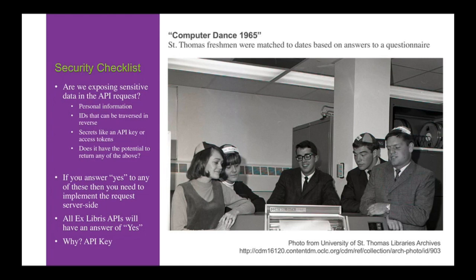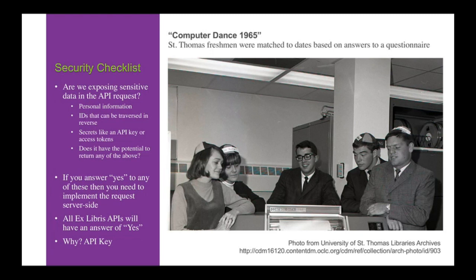Such as, are we exposing personal information? Are we exposing IDs that can be traversed in reverse? I'll get to that. Do we have any secrets like an API key or access tokens? Does it have the potential to return any of that information? Even though the request itself is not sensitive, does it return any sensitive information? So you've got to think about that.